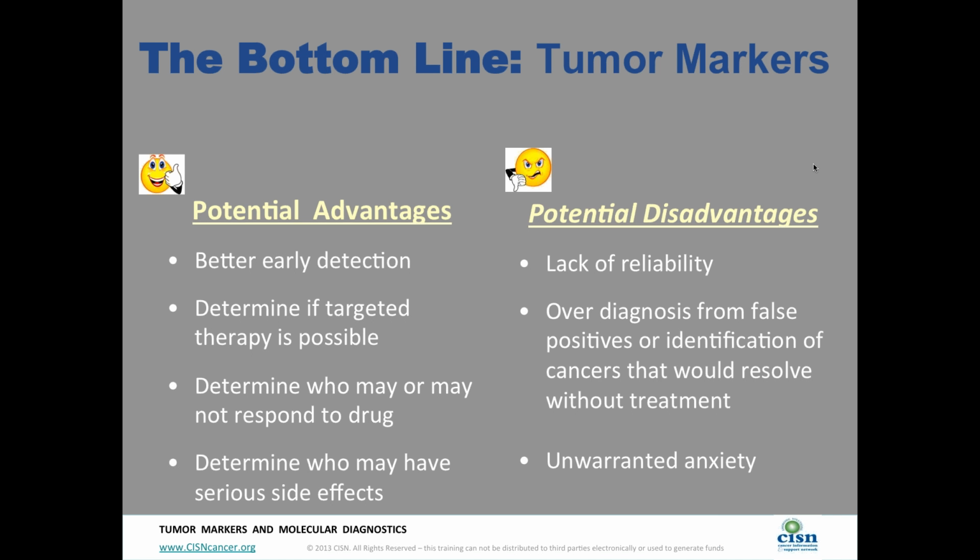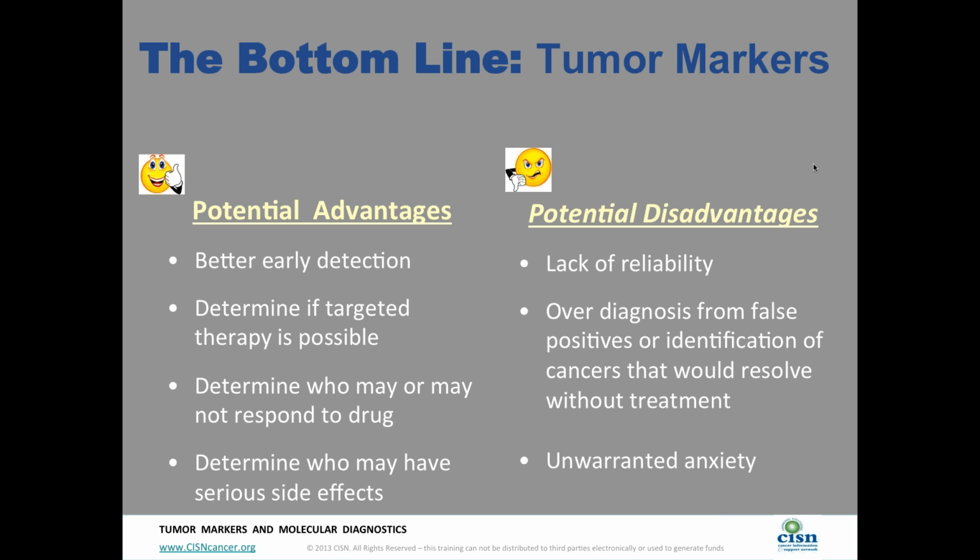And somebody is going to measure those and think, okay, now what's going on? That's where you have to have a whole picture, a whole range of tests to know that this may not be cancer. It's a tissue-specific tumor marker rather than a cancer cell-specific tumor marker. So all of that is in play. We have some overdiagnosis from false positives, or identification of cancers that would resolve without treatment.